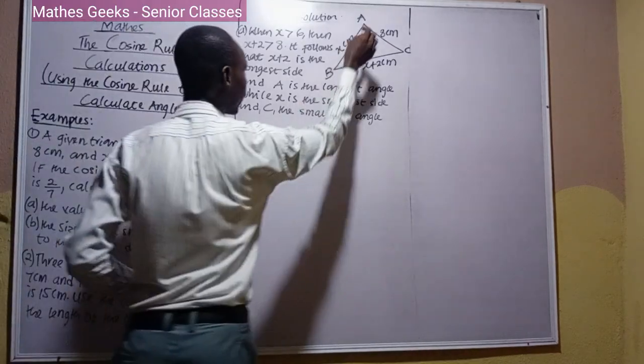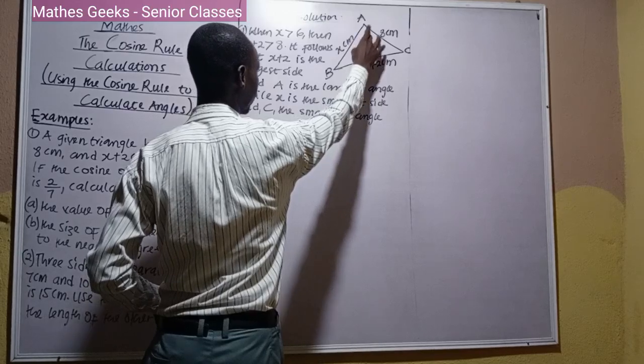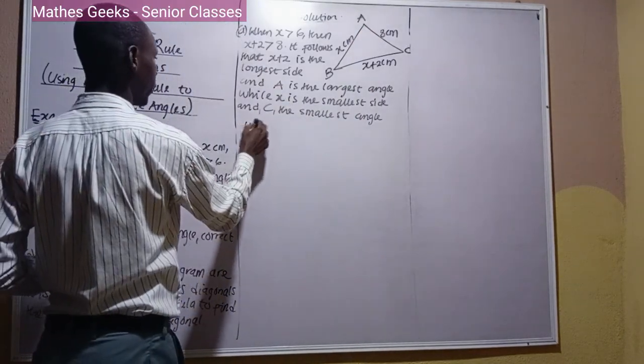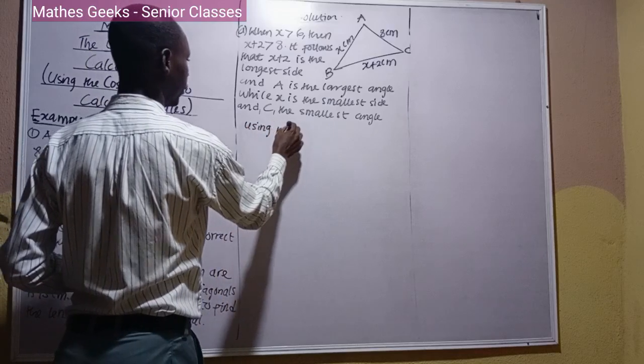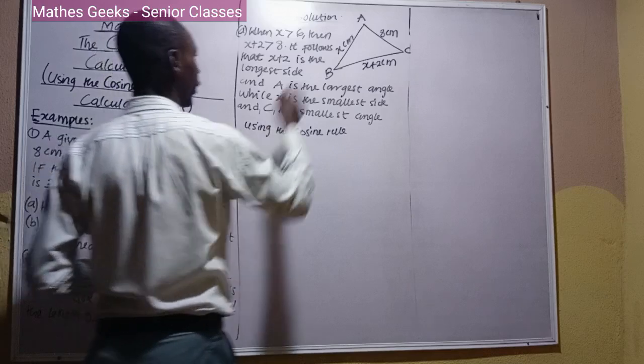Which means we have two sides and the included angle given to us. The cosine is 2 over 7. So using the cosine rule, we need to get the value of x.